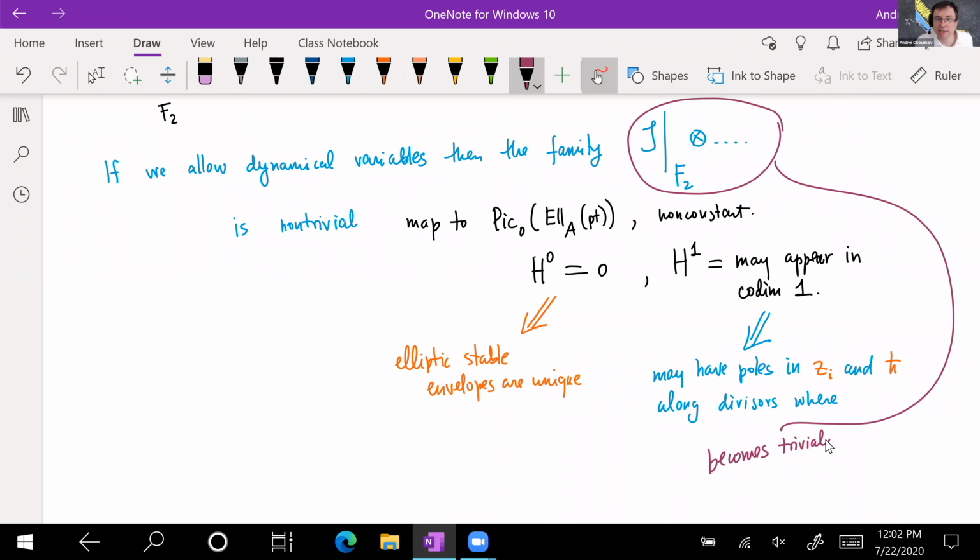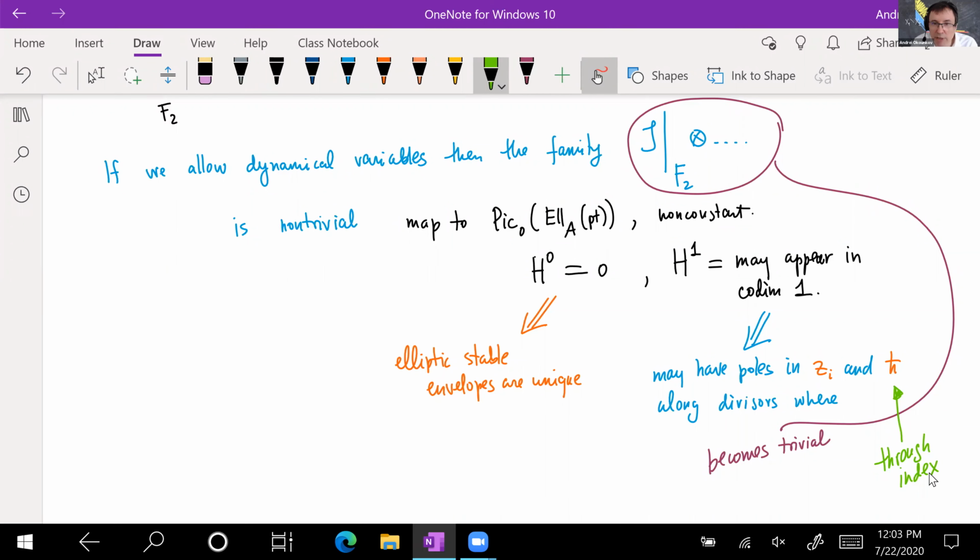We have a line bundle. It depends on h bar through this index term, and it depends on the z's through an explicitly introduced dependence in some line bundle.